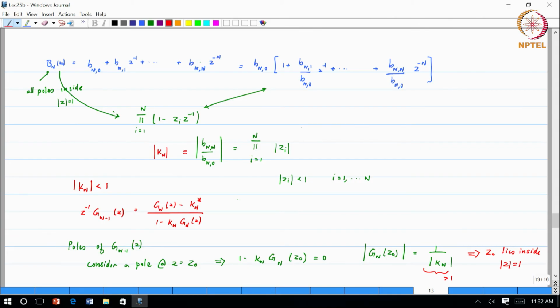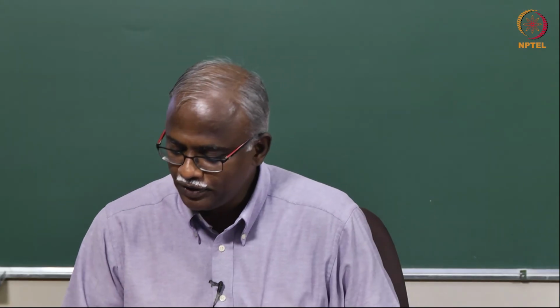The numerator is a polynomial, the denominator is a polynomial. When you rewrite it, you can rewrite it as polynomials. Gn of Z minus Kn star is rational, but you can rewrite it as a polynomial. Look at it, because there is a relationship between the two.